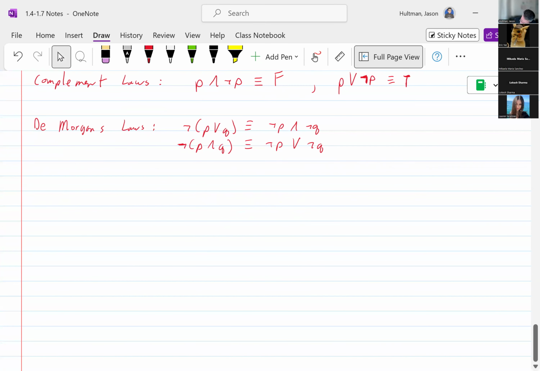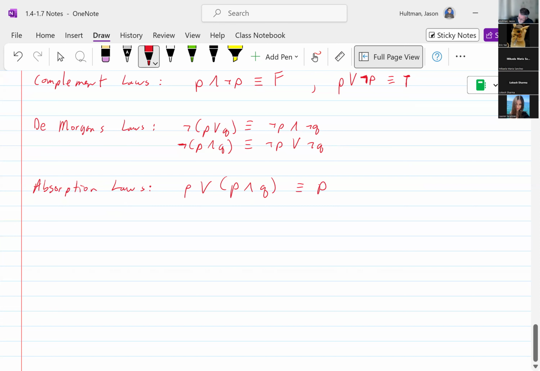Okay, absorption laws. P or (P and Q) will always be equal to P. So Q gets absorbed.